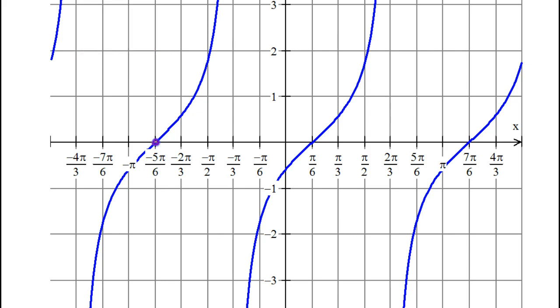This seems to be the point where it goes from curving one way to curving the other way. So these intersection points, it looks to me that the midline is the x-axis. I know that's a little bit hard to see on a tangent or a cotangent graph, but we were nice to you and let it swerve right on the x-axis. So let's go with that.